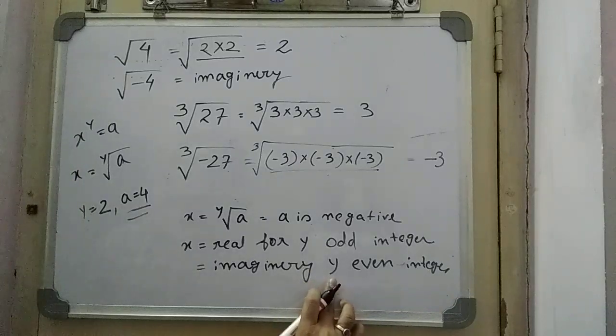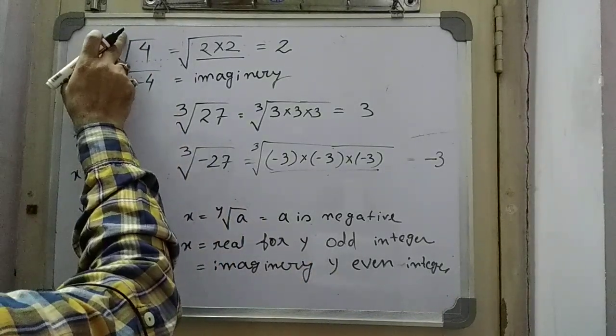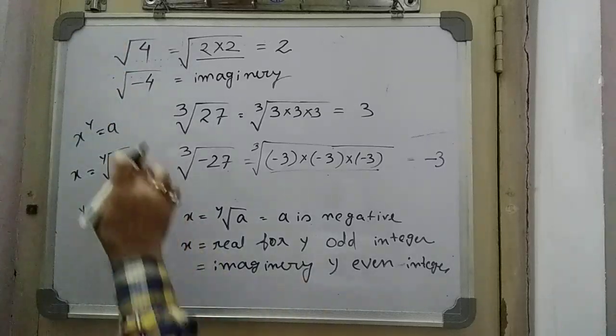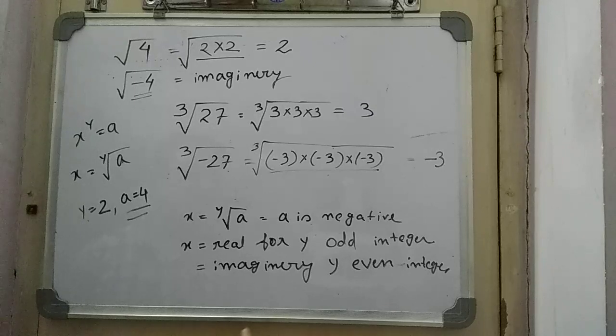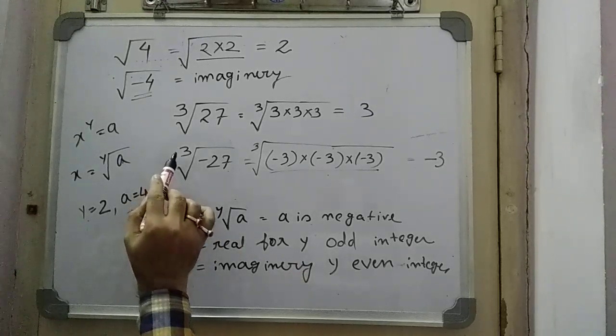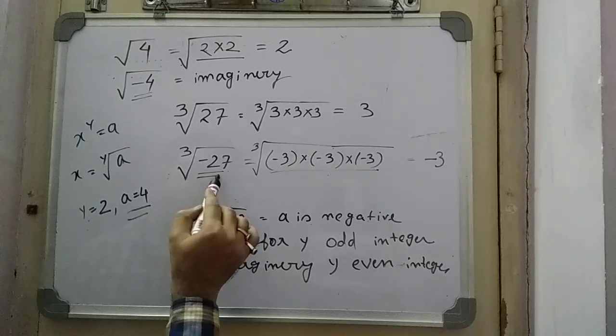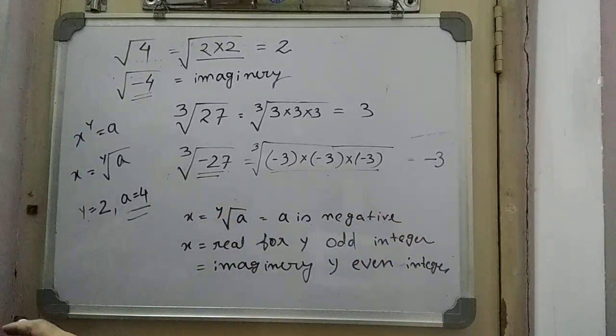When y was even, the root of a negative a was imaginary. When y was odd, like 3, and a was negative, it still had a real value.